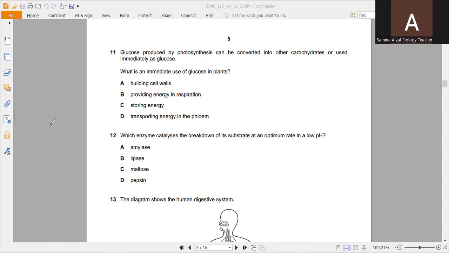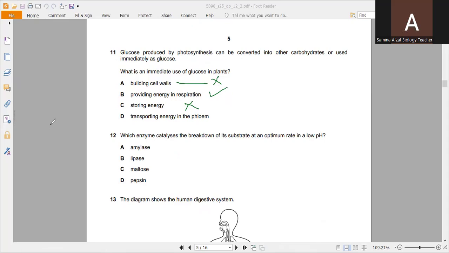Then we will move towards the next option, whereas the glucose provides energy. Providing energy is done in respiration. Storing energy again: glucose is stored in the form of starch.